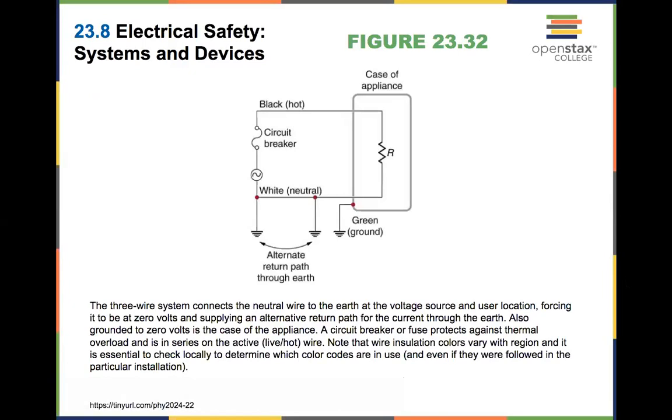So the next section here talks about electrical safety. Again, I think we touched this a little bit when we talked about electricity. In order to prevent any electrical damage or disaster, there will be a circuit breaker, as we talked about earlier, or you can have grounding of the appliance.